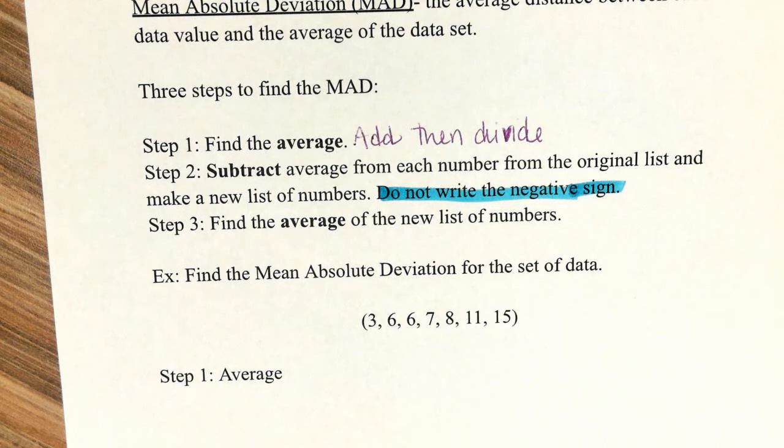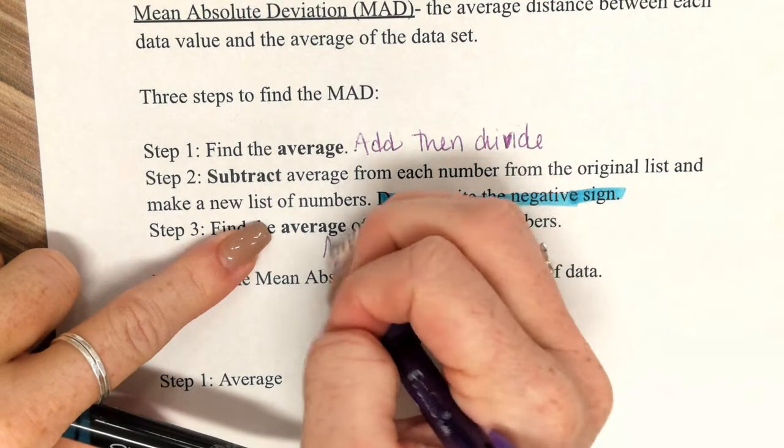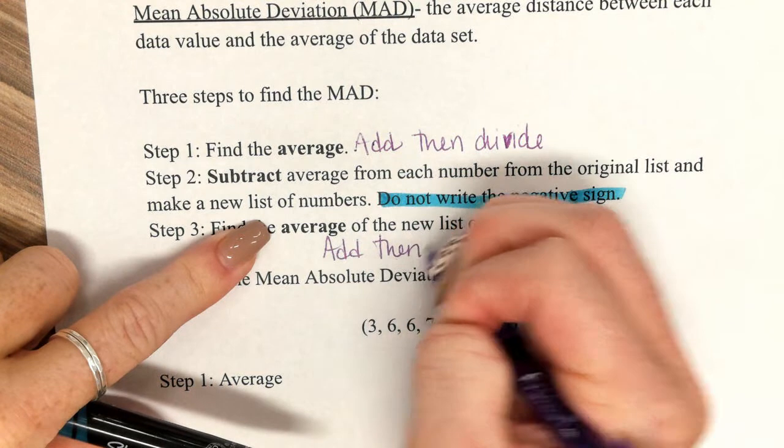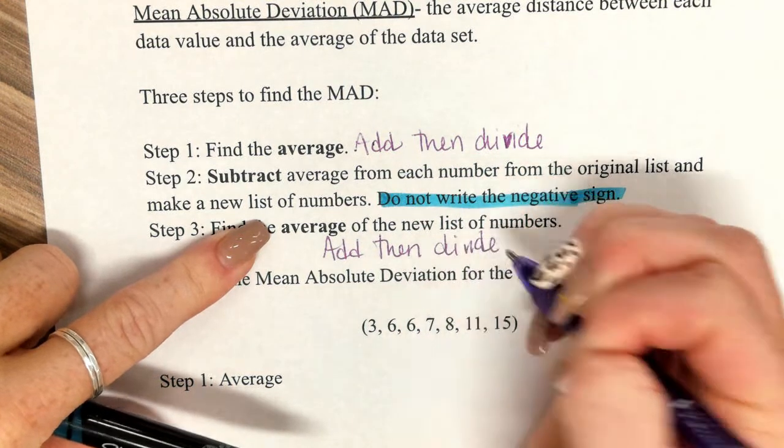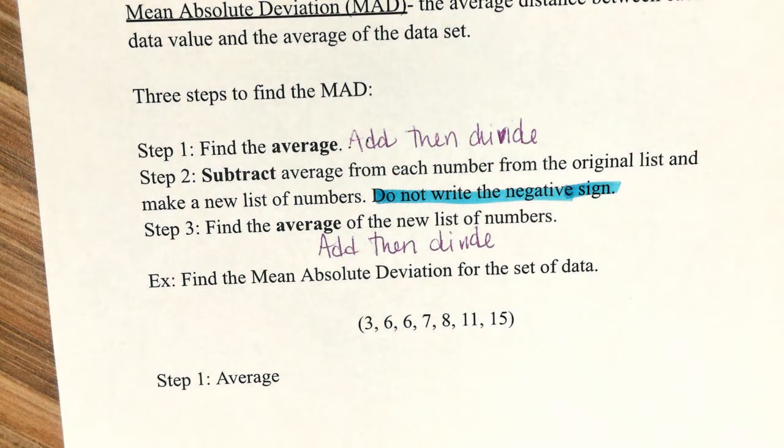And then our last step, we're going to average our new list of numbers. And how do we average? Add, then divide. Like I said, you're only going to have 4 questions on your assignment today because each question takes a little bit of work, but it's all going to be put into our calculator. So it should be very easy, just a little time consuming.